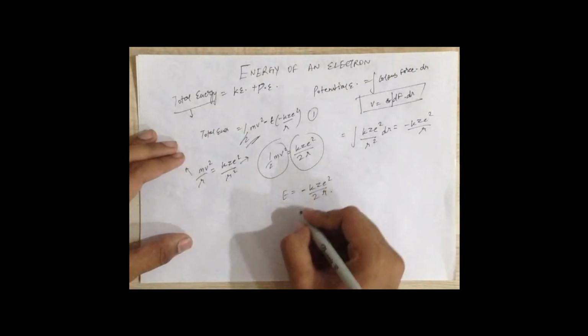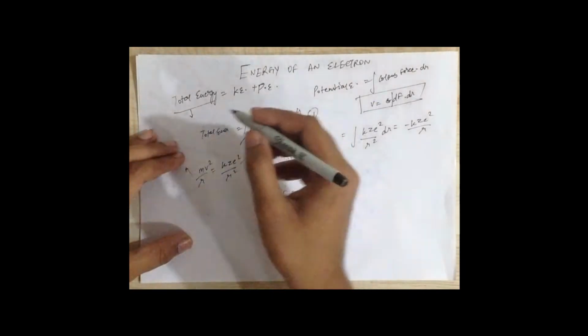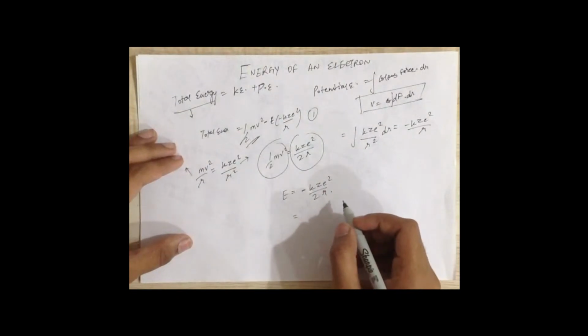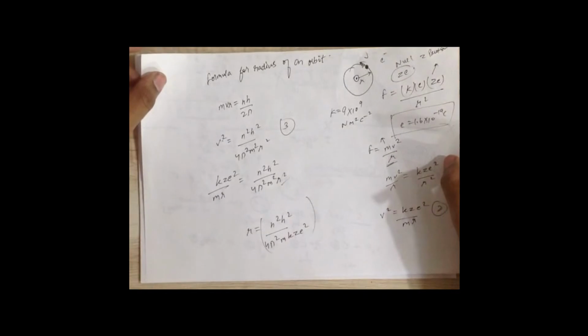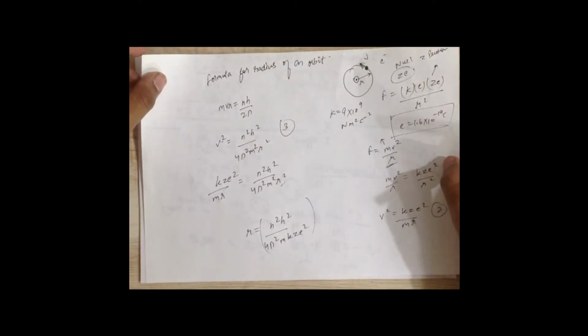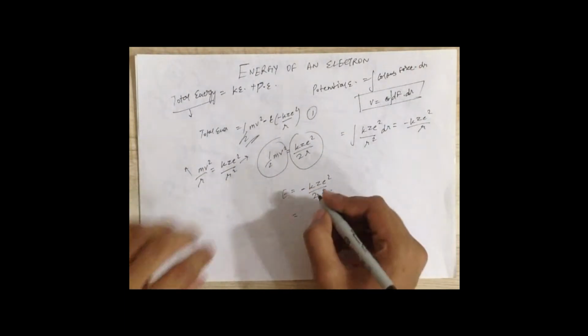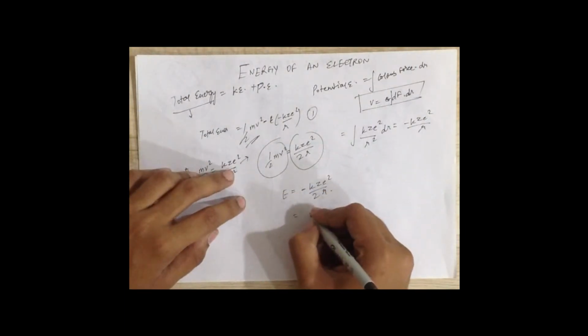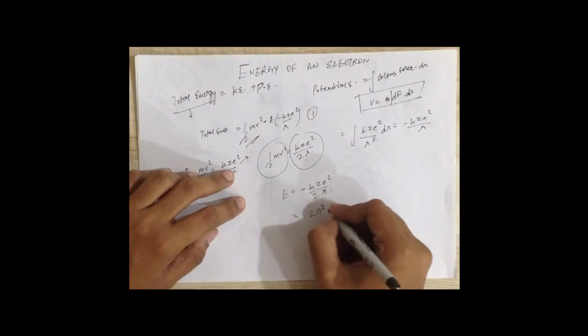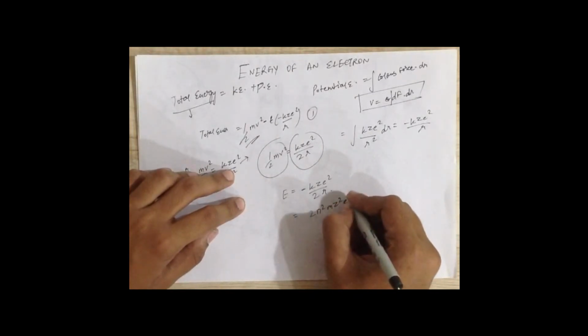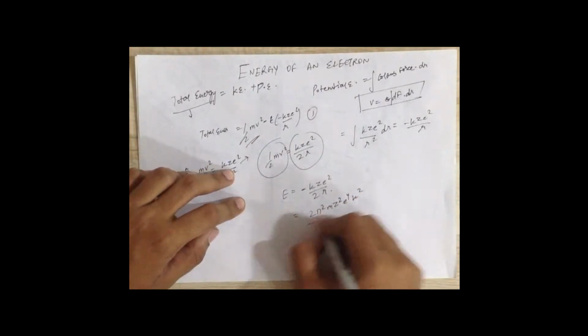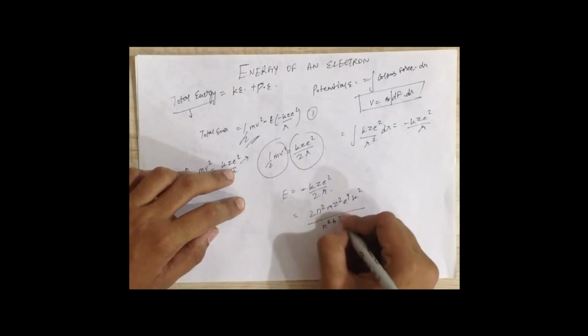Now substituting the value of r that we obtained in the previous relation, that is r is equal to n square h square upon 4 pi square m kz e square, we get energy equal to minus 2 pi square m z square e to the power 4 k square upon n square h square.